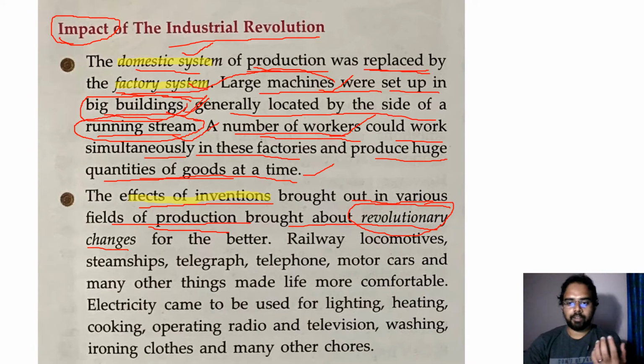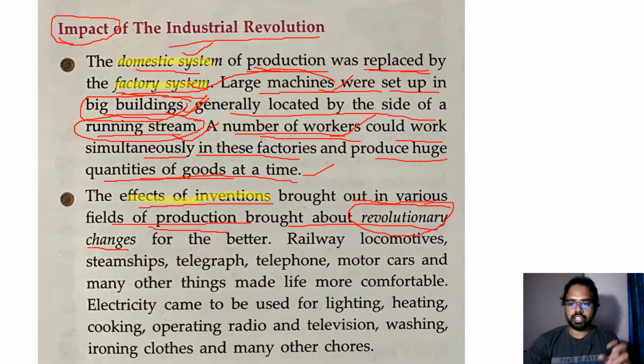Take power looms, which are used to make clothes. Earlier, hand looms used to give very few products; only a small number of clothes could be woven. But machines brought revolutionary change, meaning change in a very drastic, very huge manner in that particular industry.